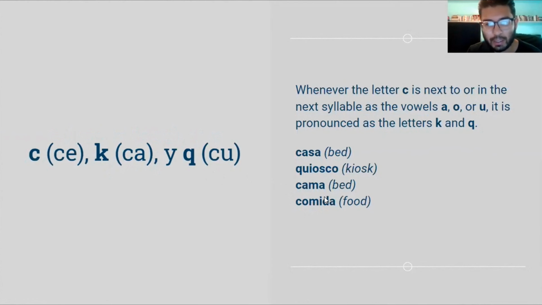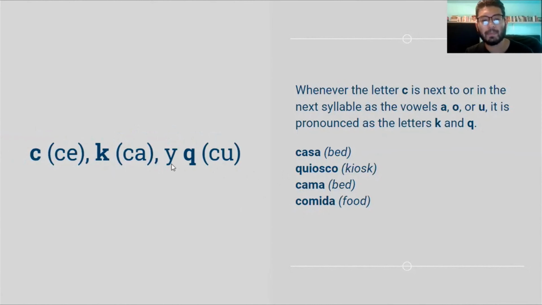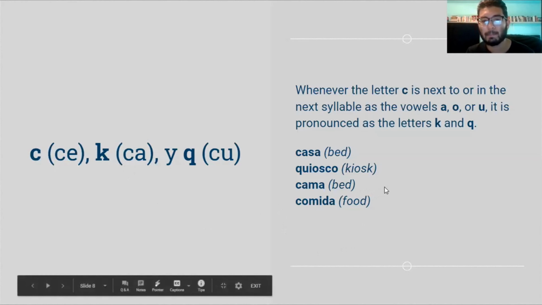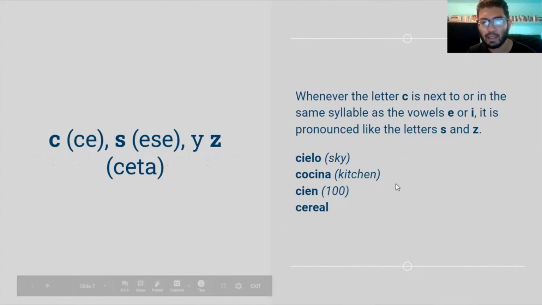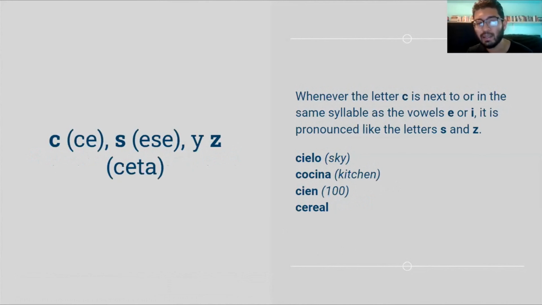So that's something I think worth noting. Then there's not a word here with the letter K, because again, as mentioned before, the letter K is not very common in Spanish. It usually appears with words that are borrowings from other languages. But yeah, I think it's important to know that these three letters, C, S, and Z, produce the same sound.